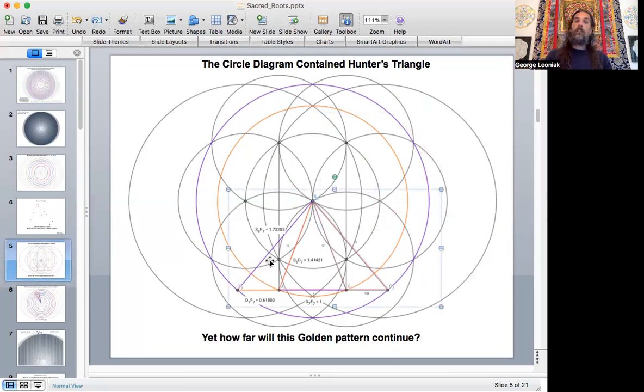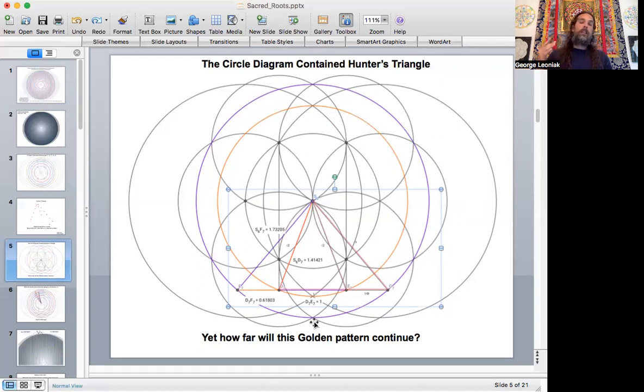If I extend the root 3 line down, it will hit the root 2 circle, and that diagram will work. So essentially, this is the circle template, probably other ones we can use, but a relatively easy one to do to pick up this golden ratio division at the base, 1 divided by phi on either side.